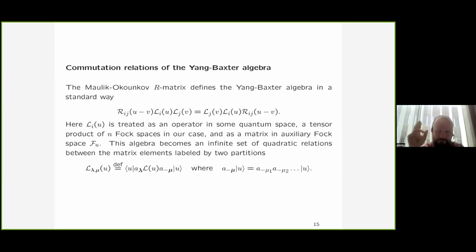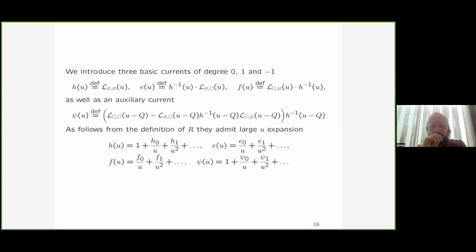It's like a kind of Gauss decomposition, but here it's an infinite dimensional version of it. But nevertheless, to do the Gauss decomposition, we define three basic currents, actually four basic currents, H, E, F, and psi. They are defined as shown here, which is just their definition.